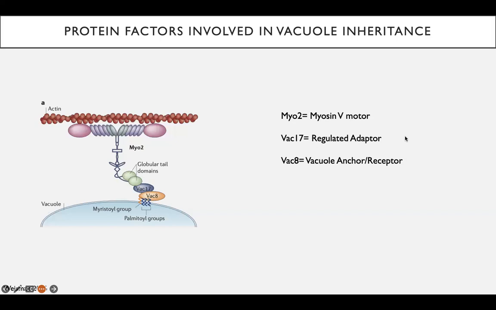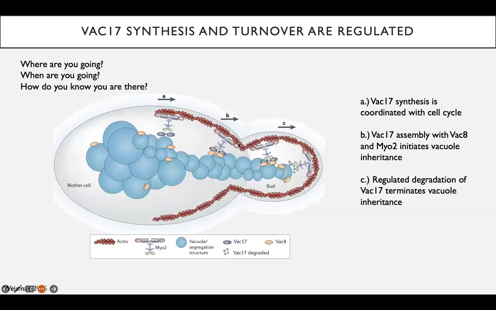And so the key protein here, and the protein that we'll continue to study and look at in class with data, where I wanted to get to so that we can examine data in class on this process, is this regulated adapter protein Vac17. And Lois talks about this in the review, some of the knowledge that is known about Vac17 at the time.